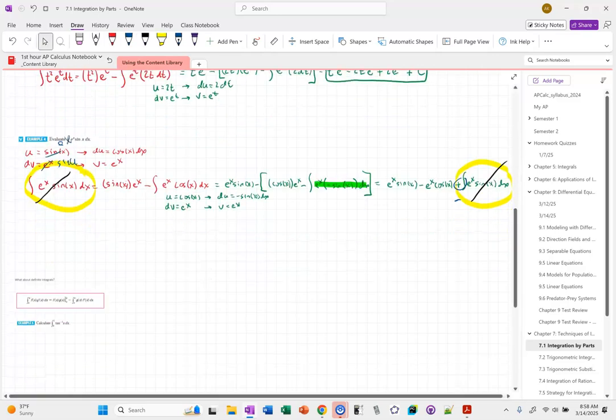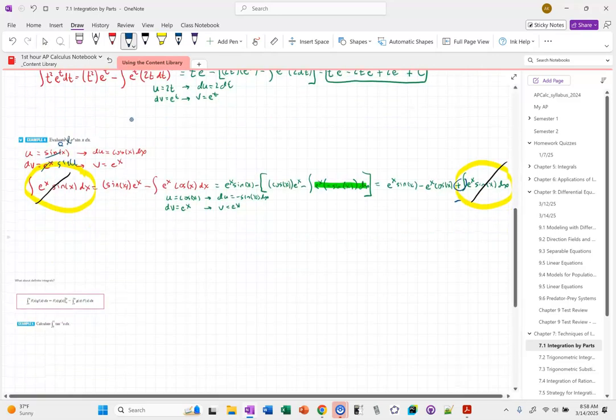So let's try it doing it the other way, so you can see it work out.